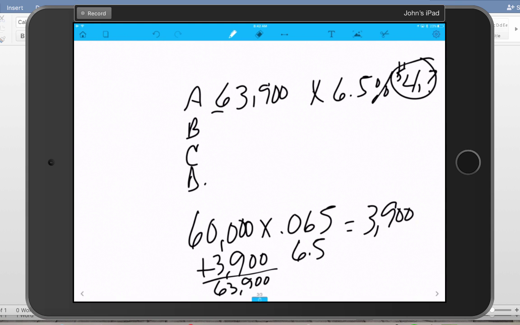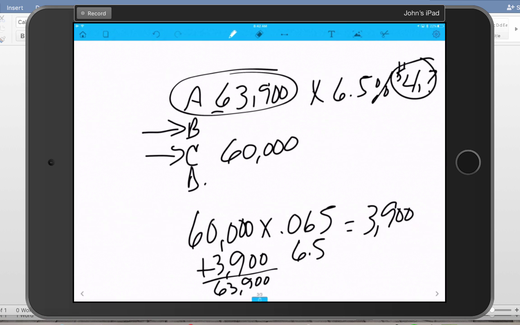So what I'm just trying to remind you is, if you can't figure these out, sometimes taking each specific answer and trying to walk through the back door is easier for some people, and you just keep trying these answers until you get one that says, hey, that works. When I figure it that way, it does come out to be $60,000.